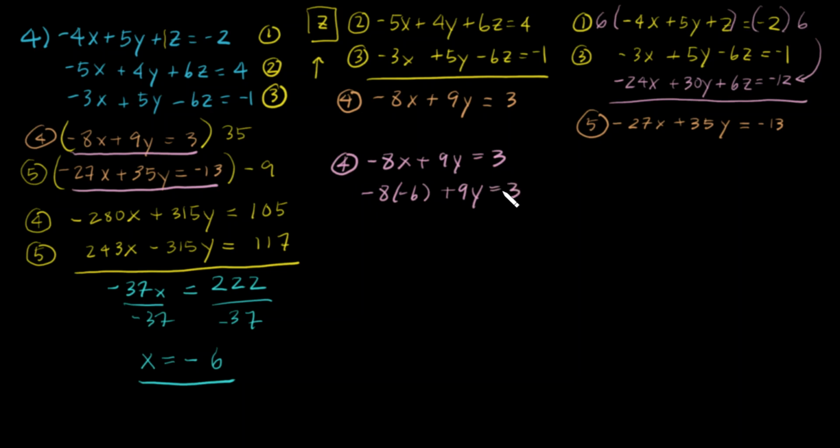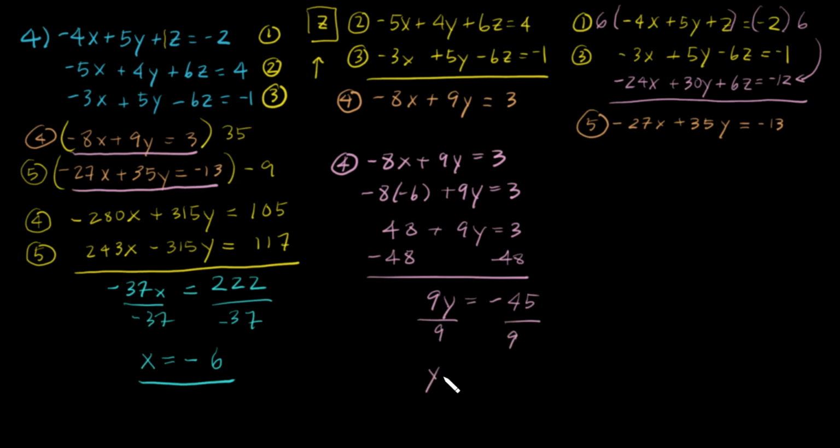So 8 times 6 is 48. 48 plus 9y equals 3. Subtract 48. It's 9y equals negative 45. Divide both sides by 9. So y equals 45 divided by 9, which is negative 5. We have our second variable.